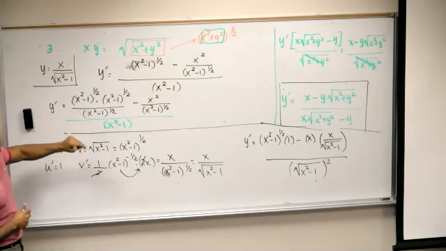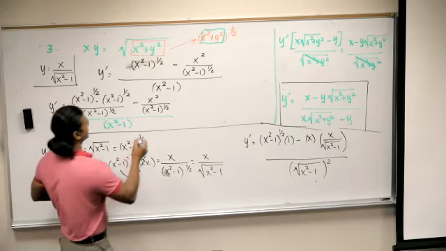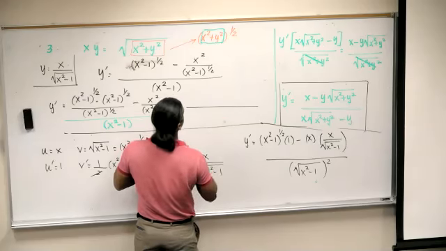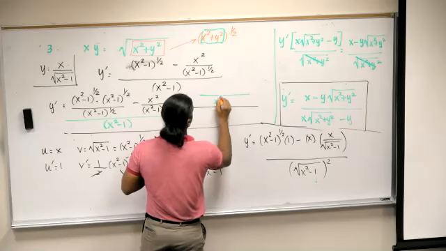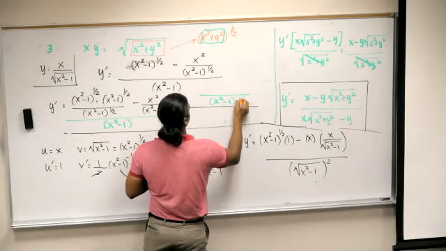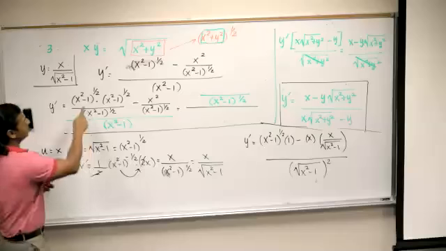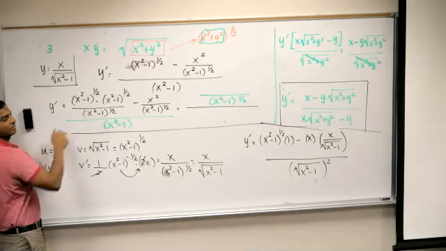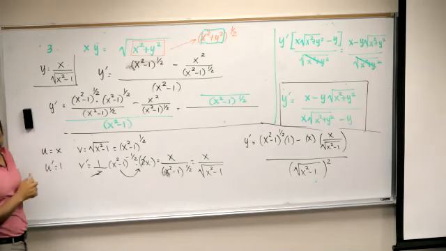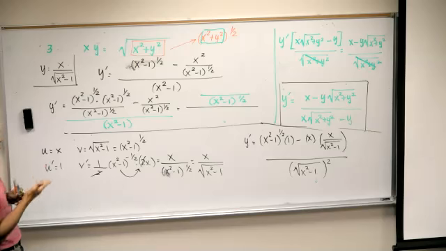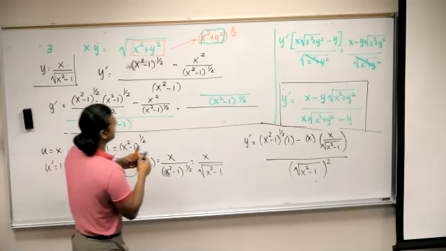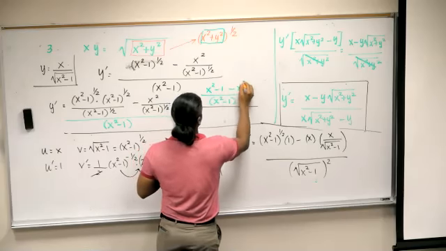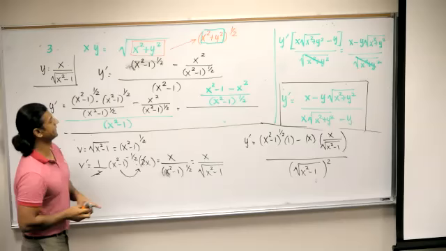So what is the common denominator in the numerator? It's just x squared minus 1 raised to the half. If you multiply those two, what do we get? x squared minus 1 raised to the half, multiplied by x squared minus 1 raised to the half, is x squared minus 1, because remember, when we talk about the half. Then minus x squared.